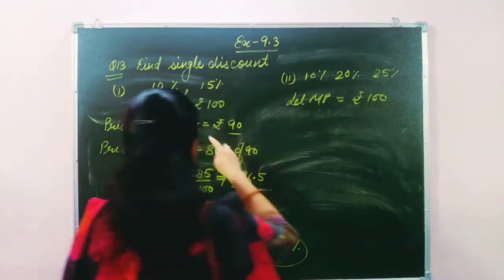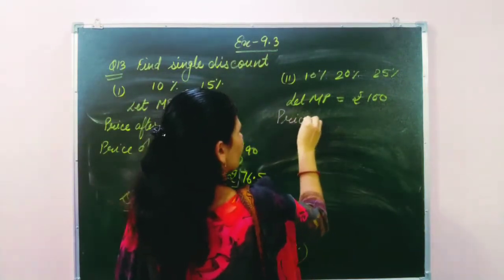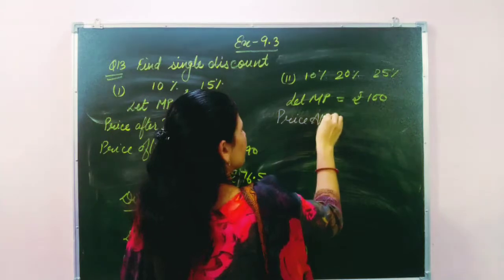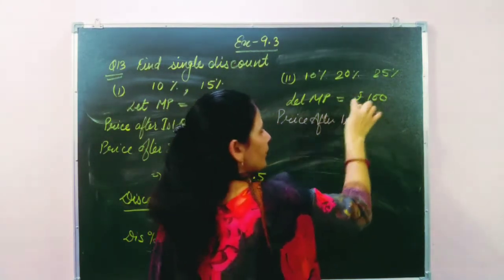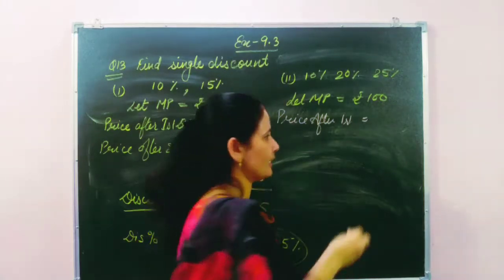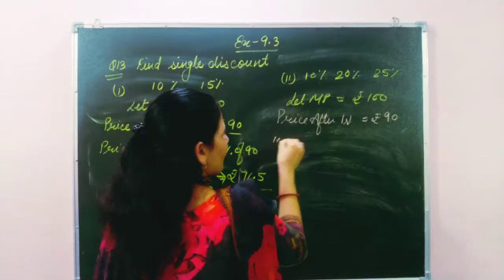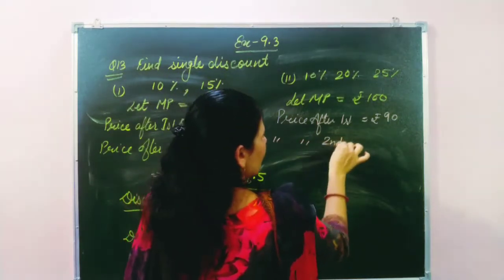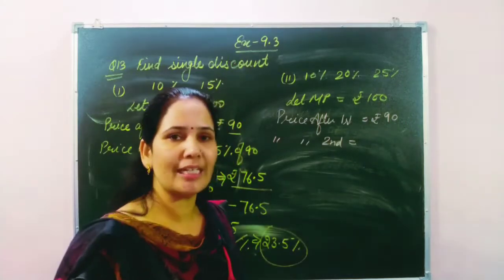Same here, instead of 2 we will apply 3 discounts. So price after first discount, 10% of 100 is rupees 10, 100 minus 10, that means rupees 90. Okay, then price after second discount. Second discount is 20, 100 minus 20, that means 80%.